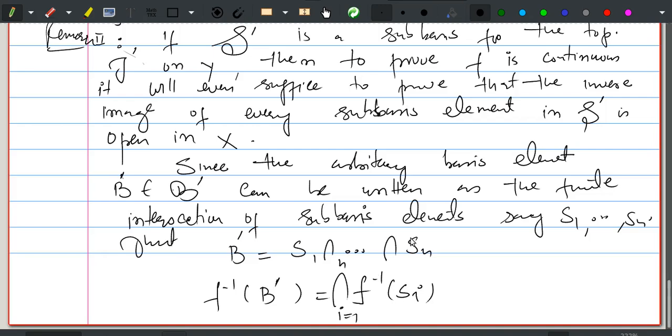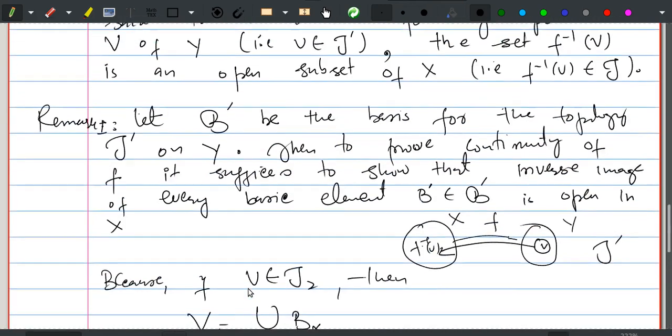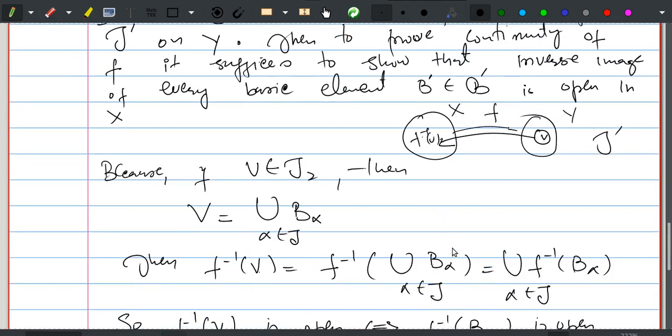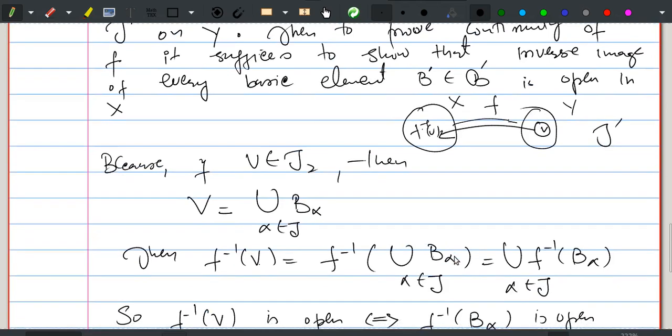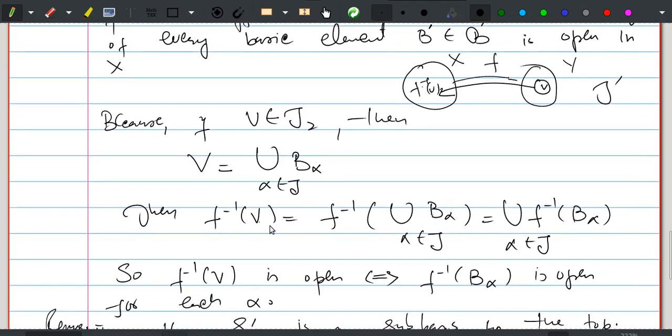So if each f inverse Si is open, then f inverse B prime will be open, because the inverse image of sub-basic elements is open. So this would imply the inverse image of the basic element is open. So if the inverse image of each basic element is open, then the inverse image of this V is open.